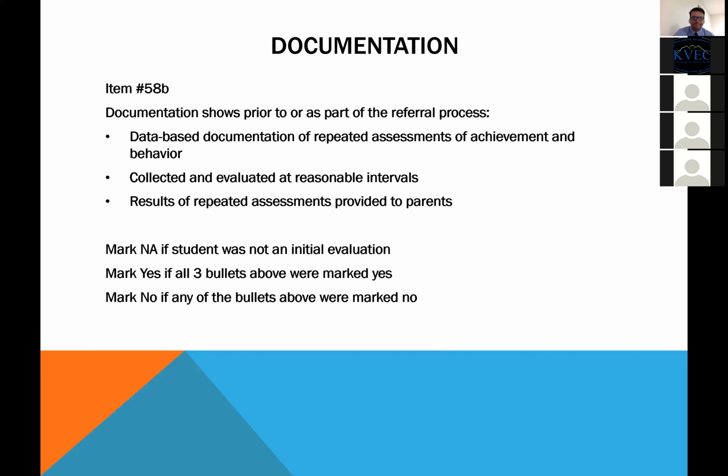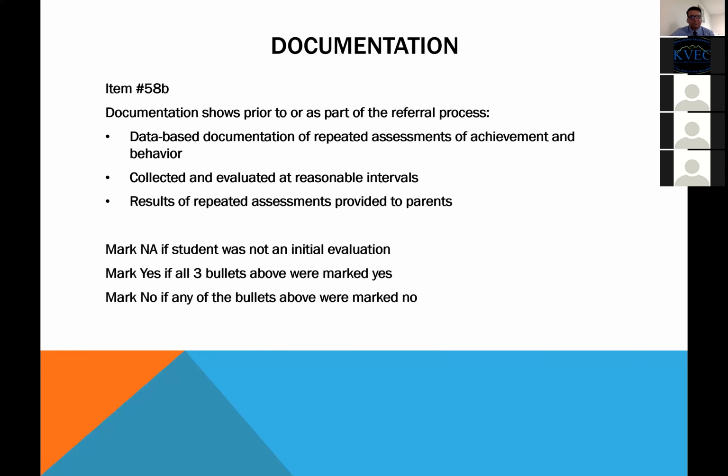Documentation on 58B, documentation shows prior to or as part of the referral process, you have data-based documentation for repeated assessments of achievement and behavior. You've collected and evaluated at reasonable intervals and the results of repeated assessments provided to the parents. Remember, we have to have a letter to those parents after each of those tiers.